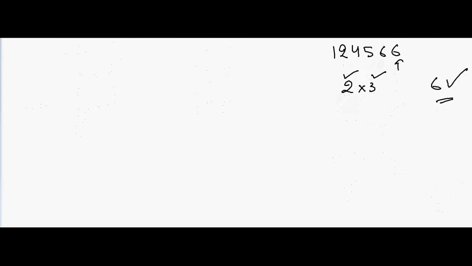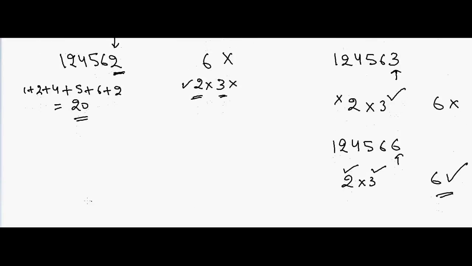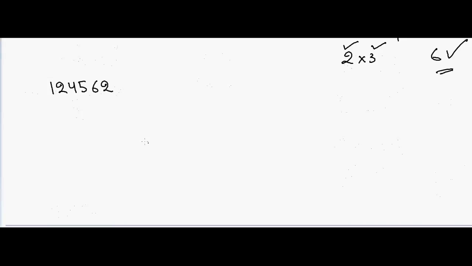Now let's go for 8. So now we have 1 2 4 5 6 2, and we want to find out whether this number is divisible by 8. In that case, we'll take the last three digits and see if 562 is divisible by 8.